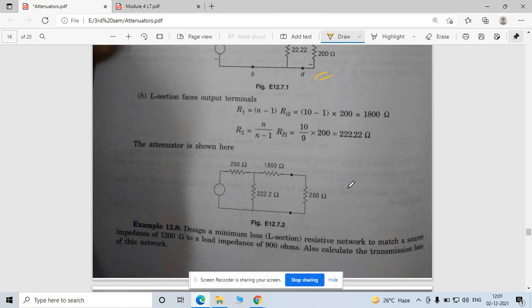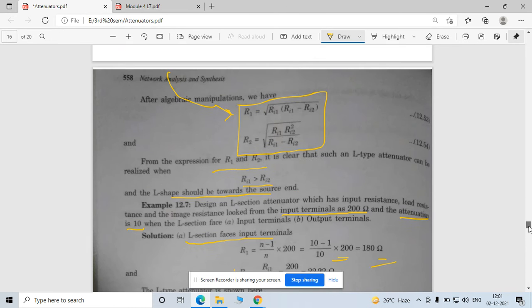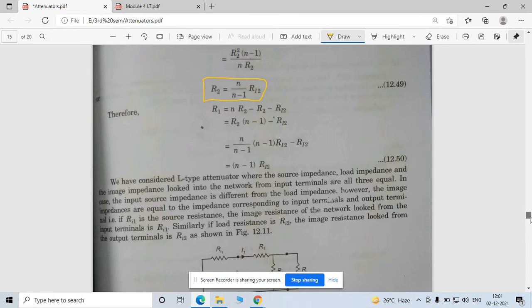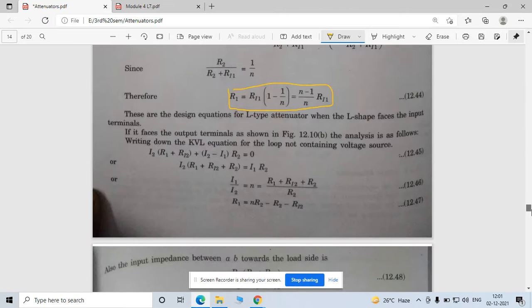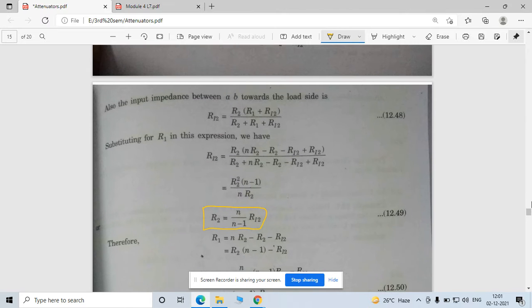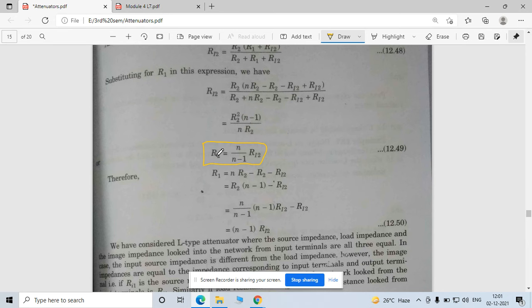Now the L section facing the output terminal, this. If the L section faces the output terminal, simply use the formula directly which is given above. We already derived this. Now see this formula. This is for R2 and this is for R1.